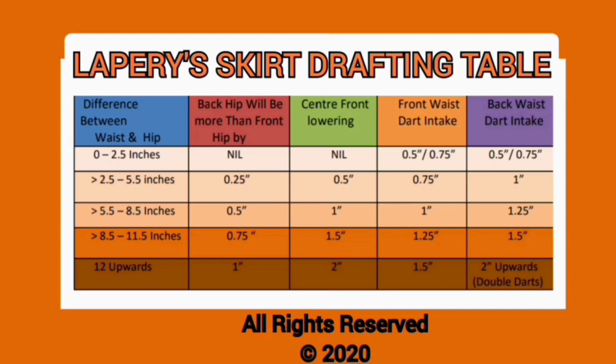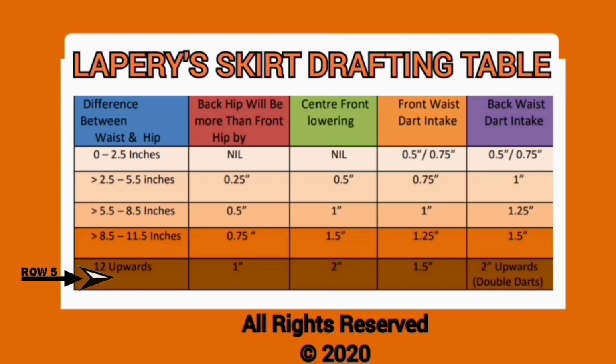They still vary. Now, in the last row, the 5th row, we have 12 inches upwards. So if your difference between the hip and waist falls in this row, you'll make use of this value. This is a rare case anyway, but sometimes we have people whose statistics fall under this category.